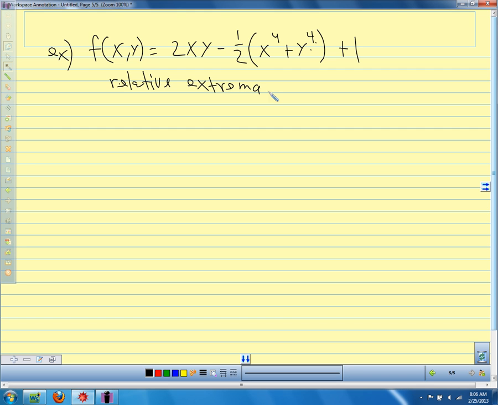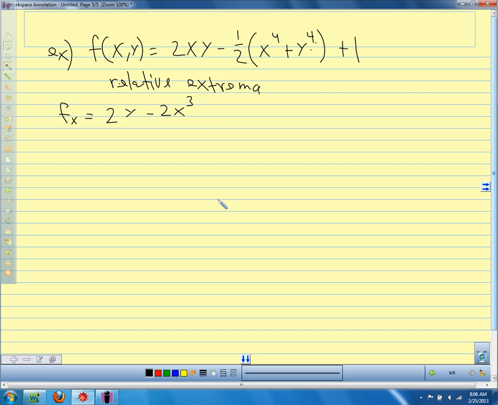So let's go through our steps. We're going to find our critical points first. So what's the partial with respect to x here? 2y minus 2x cubed.